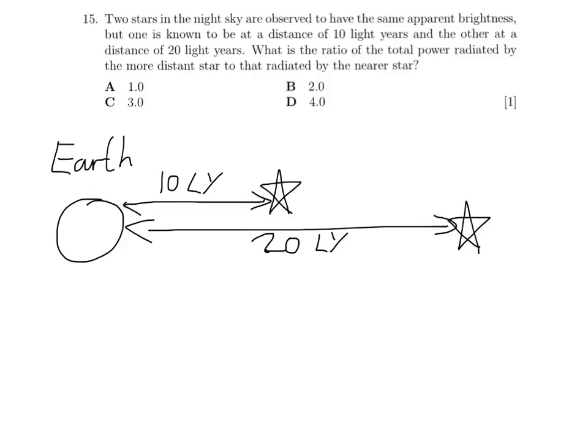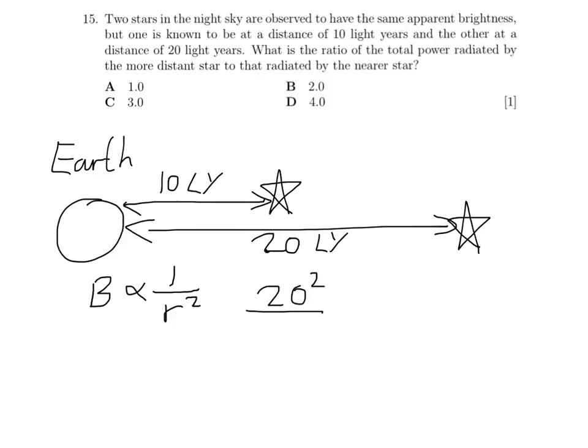And the thing that we need to know about the brightness and distance is that there is an inverse square law. So we're going to use B to represent the brightness, and B is proportional to 1 over the distance squared. So we need to find the ratio of the distance to the more distant star squared to the closest star squared.